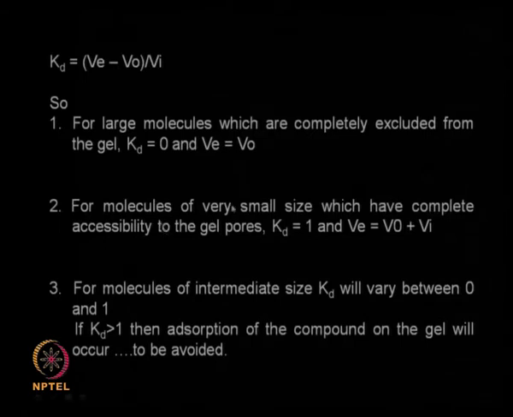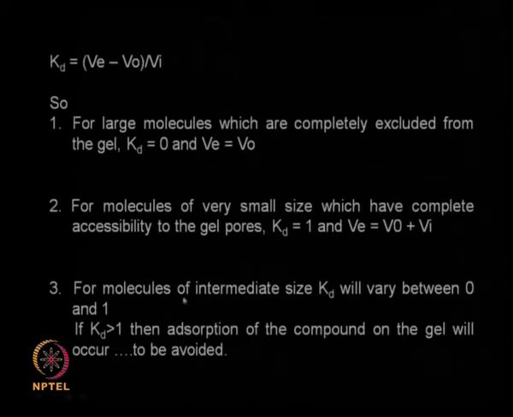Now if you have very small molecules then Kd is equal to 1. In that case we have Ve equal to V0 plus Vi. Now V0 is nothing but the interstitial space and Vi is your pore volume. So this is the total volume occupied by the continuous phase solvent.